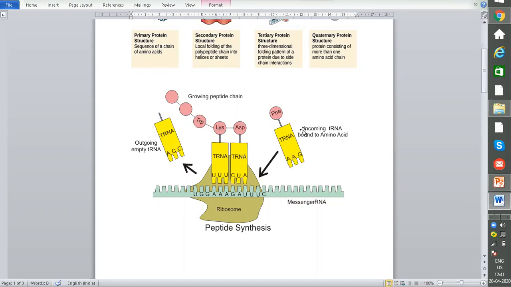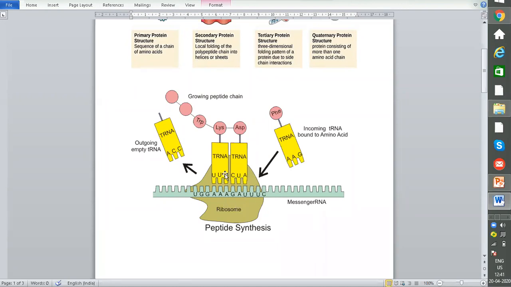So here it has four arms. We have already discussed it. At this acceptor arm, the amino acid will be present, and this amino acid has the anticodon AAG. This is the anticodon region, which is attached to the mRNA at this position.